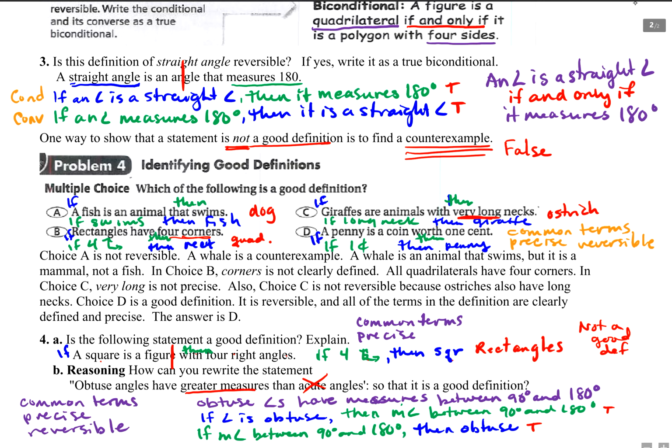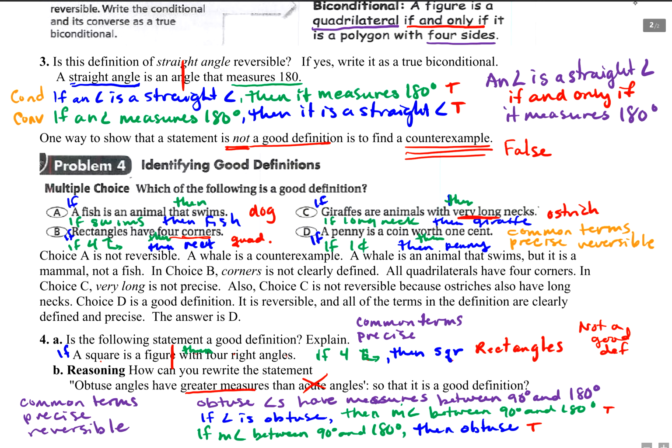And the last one here, we have a statement, obtuse angles have greater measures than acute angles. Yes, that's true, but it's not a good definition for many reasons. First, does it use common terms? Yes, these are all pretty common terms.